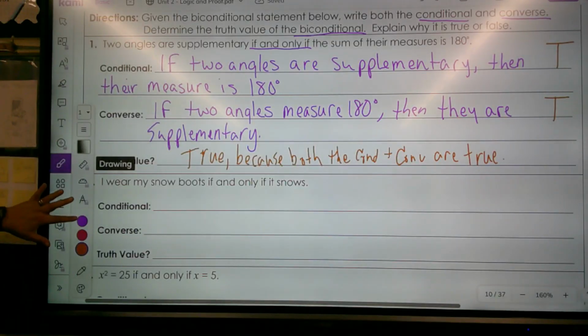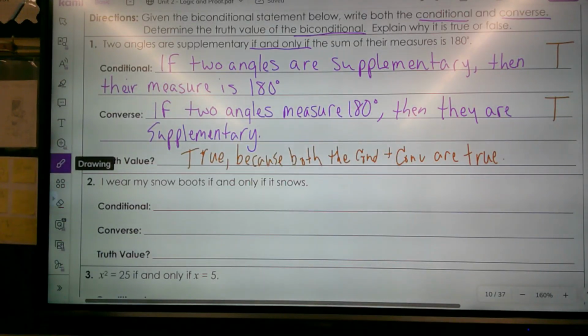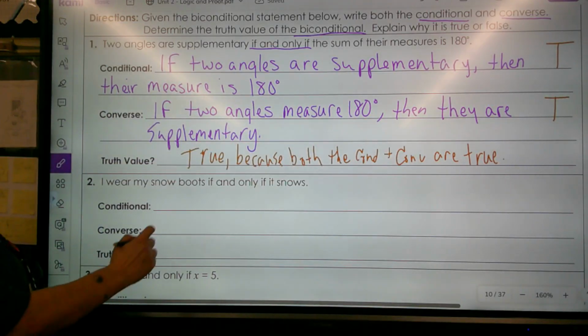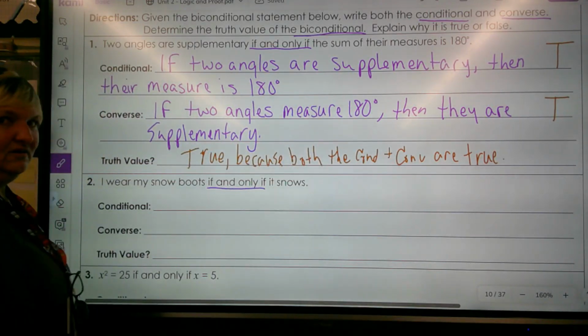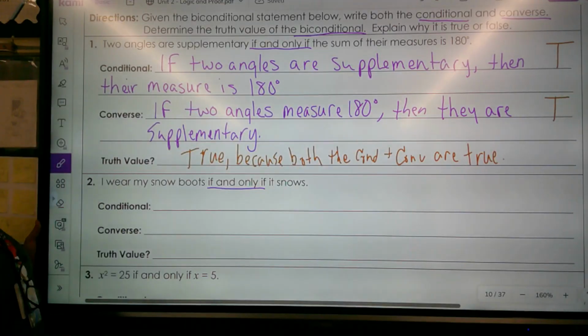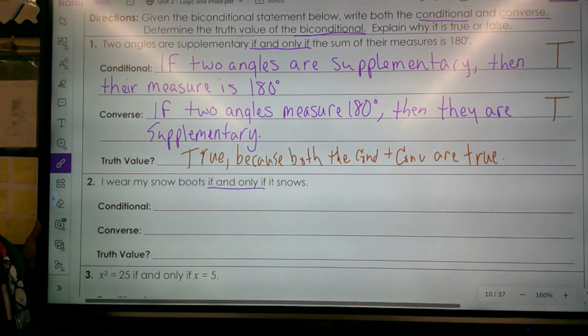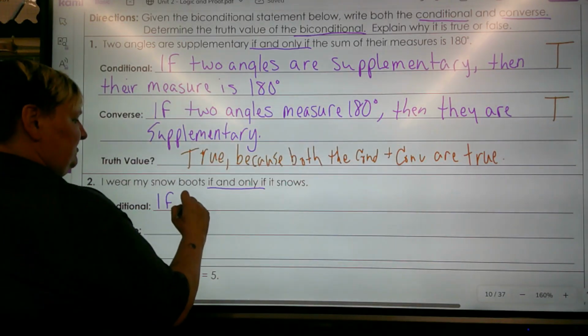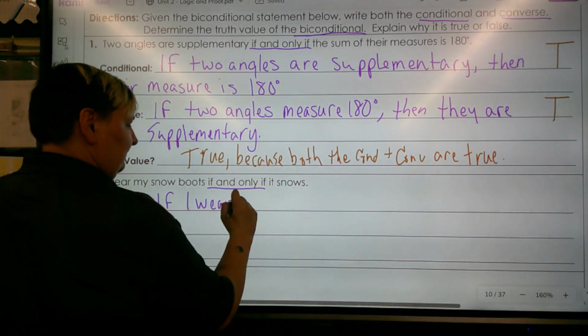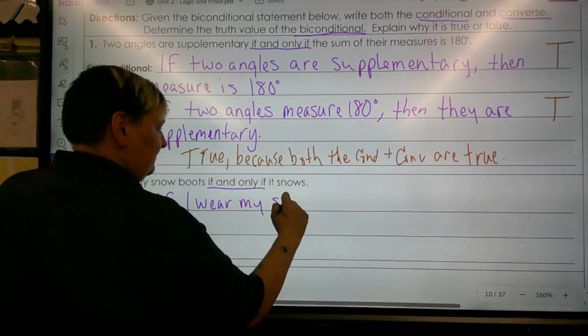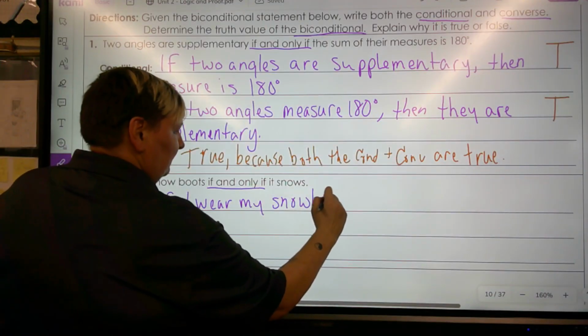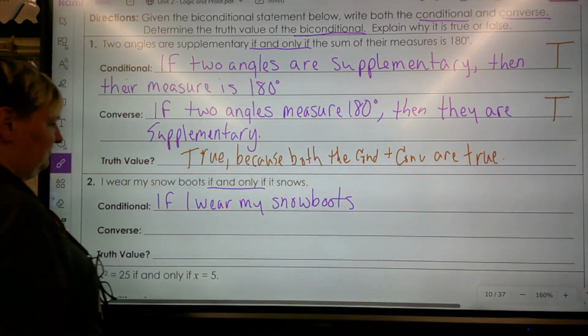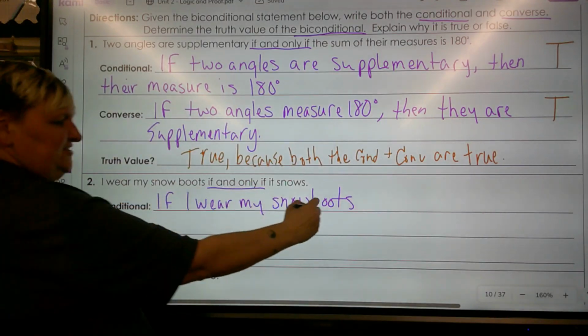Number 2: I wear my snow boots if and only if it snows. Well, there's my if and only if, so I know it's a biconditional statement. Now we have to decide if it's true. So if I wear my snow boots, then it snows.